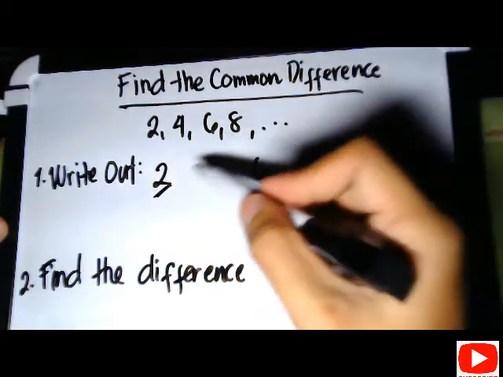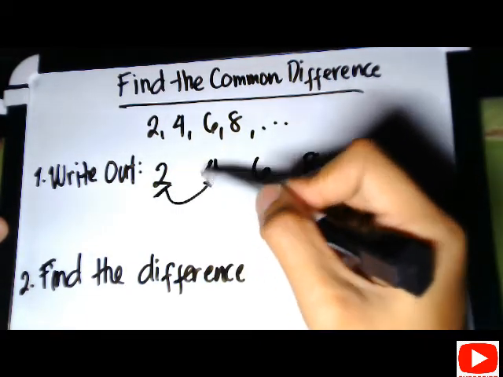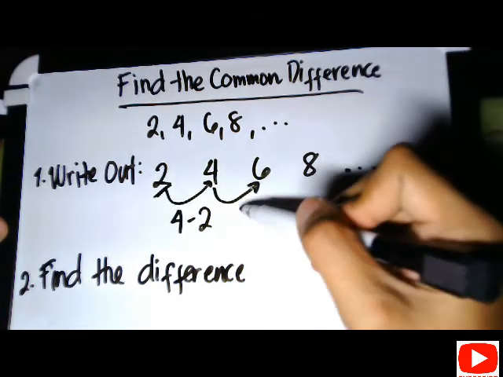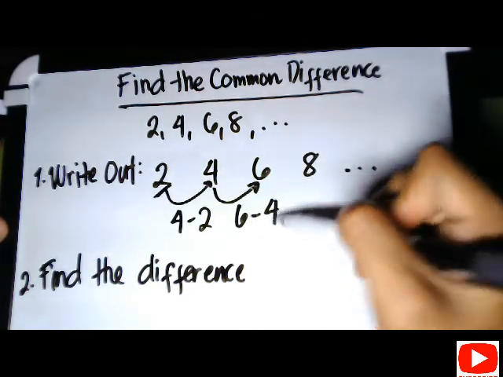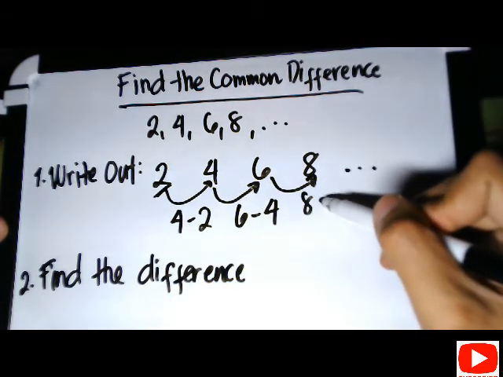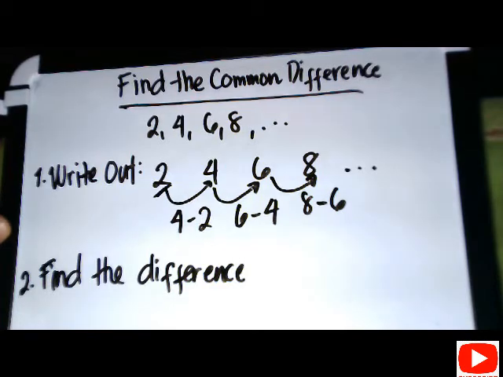So in getting 2 to 4, we need to take 4 minus 2. In 4 to 6, we need to take 6 minus 4. In 6 to 8, we need to take 8 minus 6.